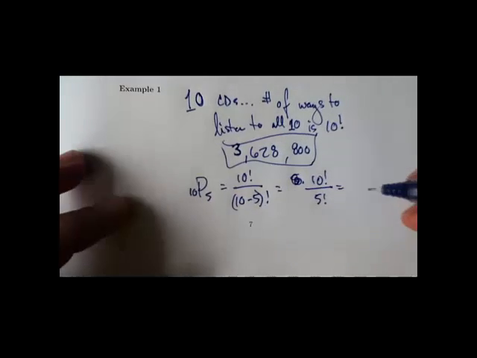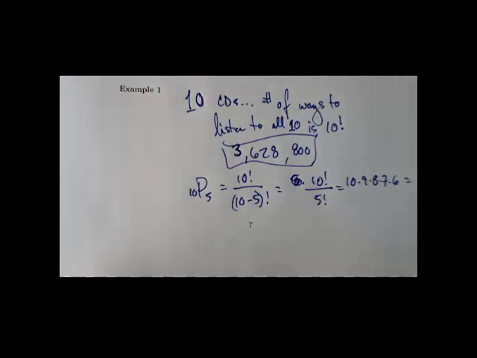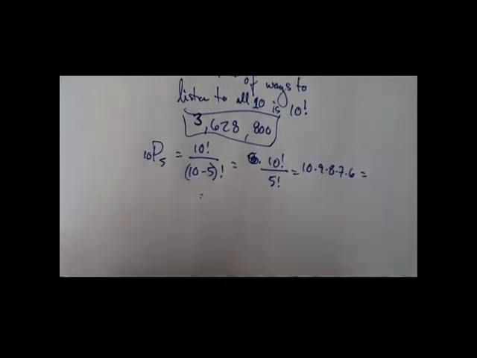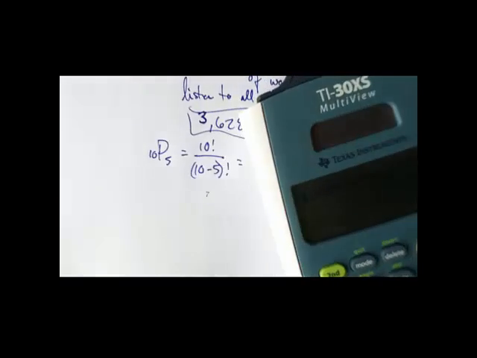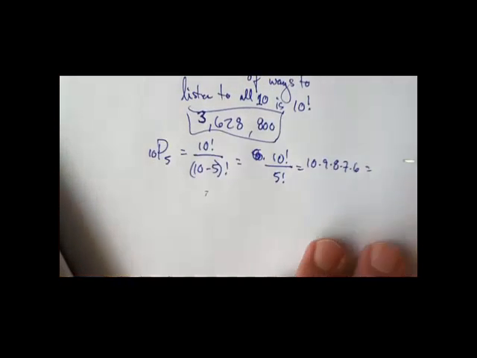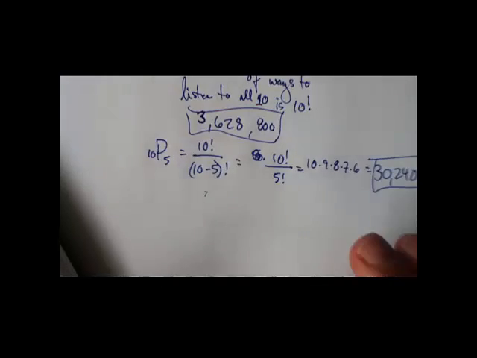You know what, this is just 10 times 9 times 8 times 7 times 6, isn't it? Because the 5 factorial cancels with the 1 times 2 times 3 times 4 times 5 in the top. So this is just 10 times 9 times 8 times 7 times 6, which is 30,240. Okay, and it's a lot less.